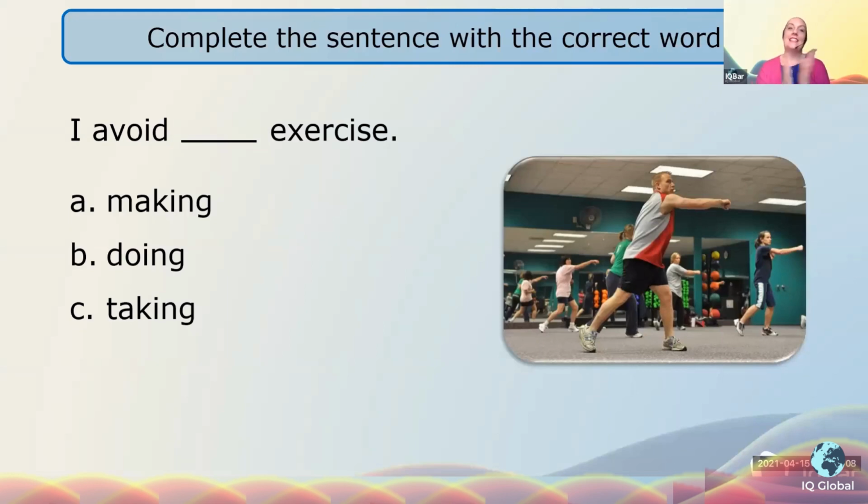Now, let's see. Can we complete the sentences with the correct words? So I avoid exercise. Let's look at that picture. So it could be one of these three: action plus ing words, verb plus ing.